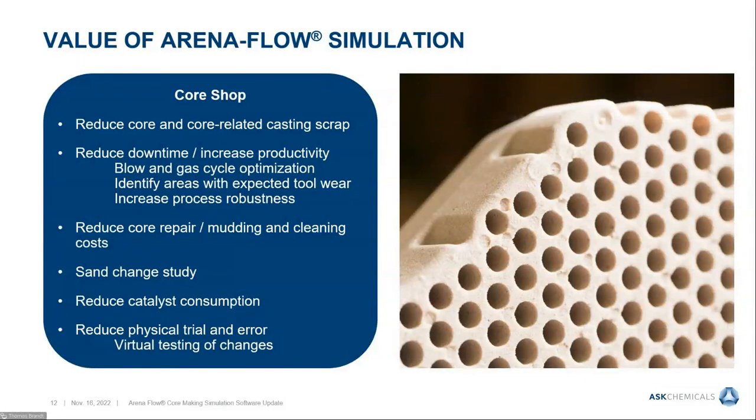Is it worth spending the time on sending the tool out, getting it fixed, put back in production? As this is a costly process, there's a lot of value in doing this in a virtual world prior to implementing changes.